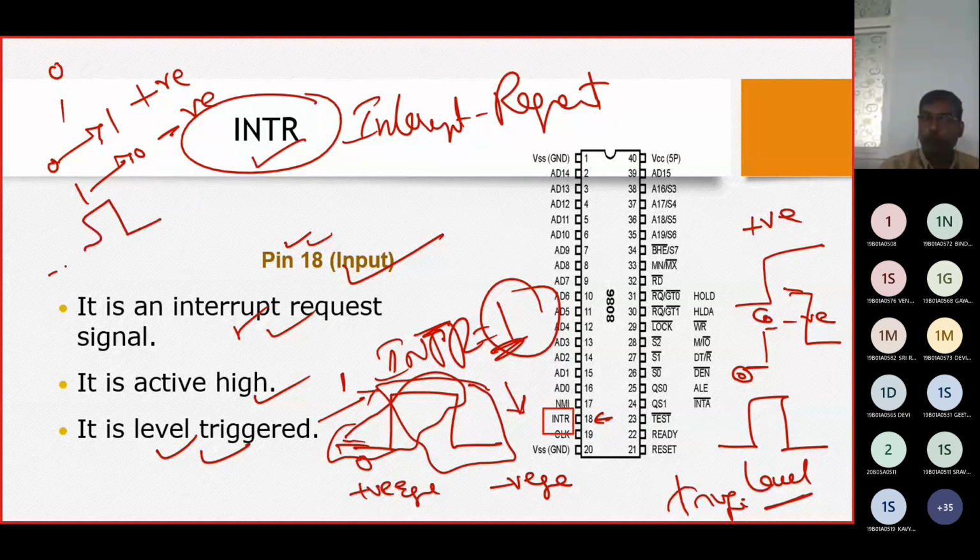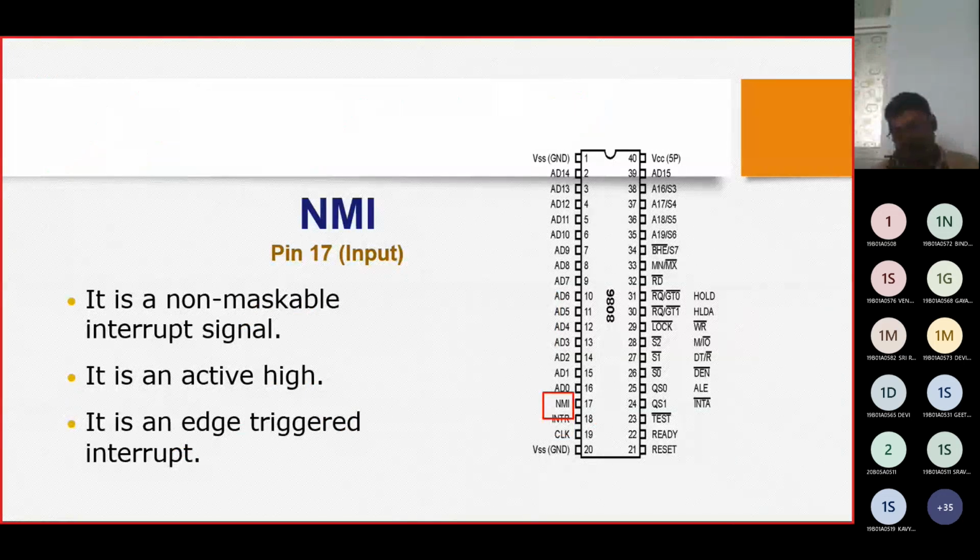And if we are going to pull up the entire thing, then we call it level triggered. So pin number 18 is going to show a level triggered content.